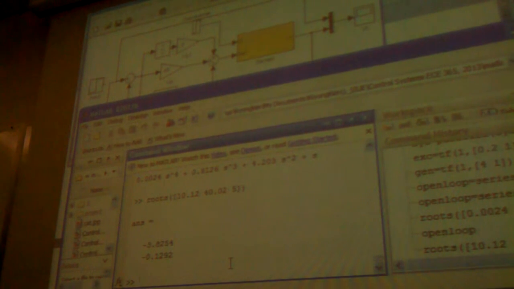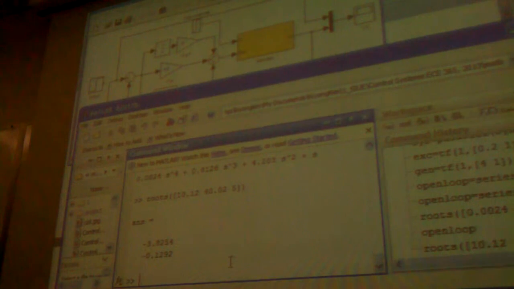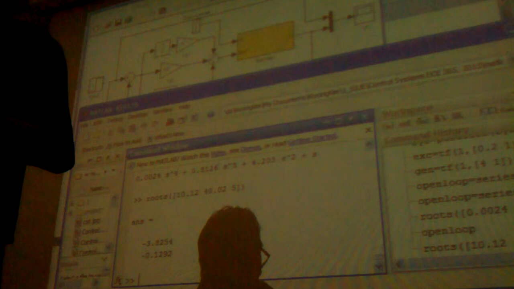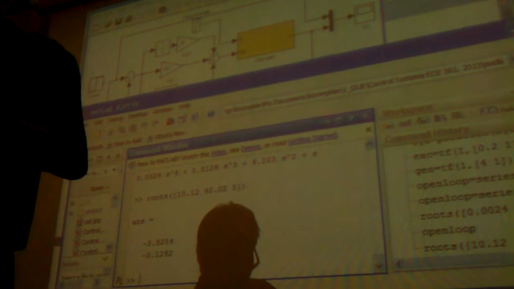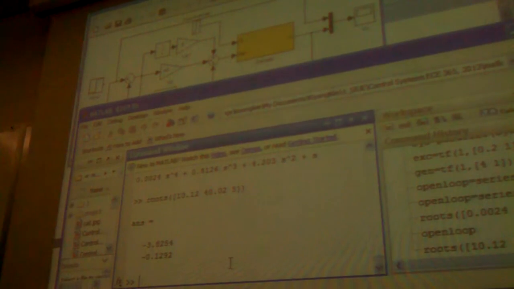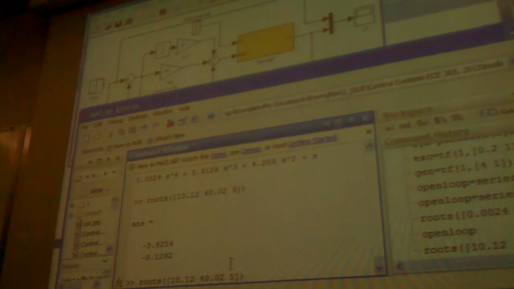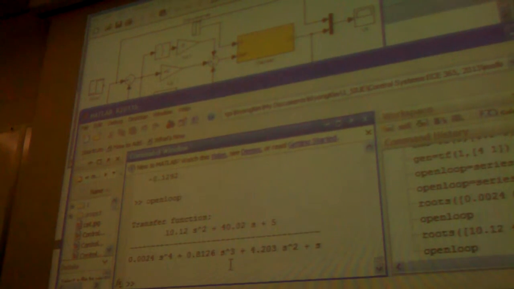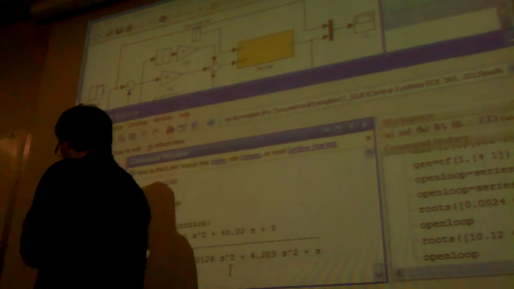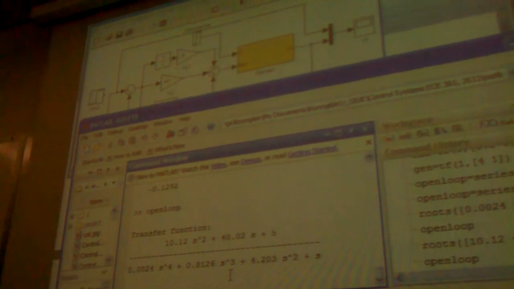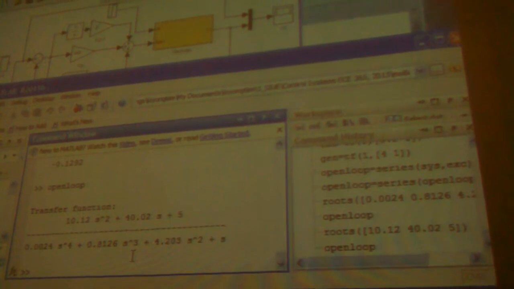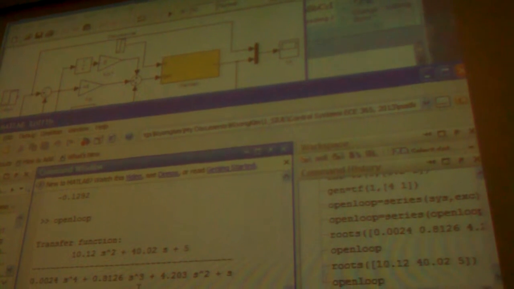So these are open loop, because the only thing here is the open loop. So how do we find the closed loop? It's similar. You have the closed loop function, in this case the same numerator and the denominator plus the numerator, so we do have the open loop right here. Plus and minus, and here the feedback sign equals minus 1.